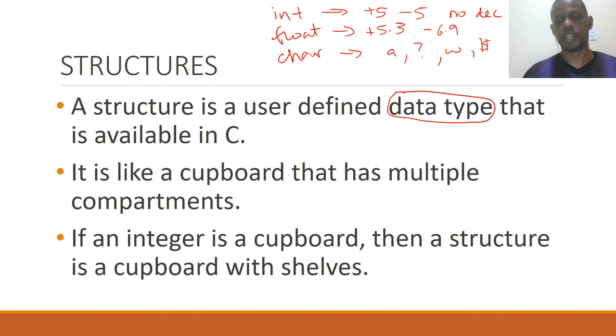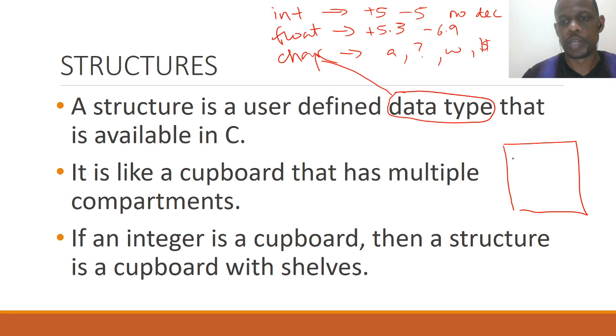Right, so does everybody understand so far that a data type could be all of these here? Now, if each of those is a data type, a structure is like a cupboard with multiple compartments.